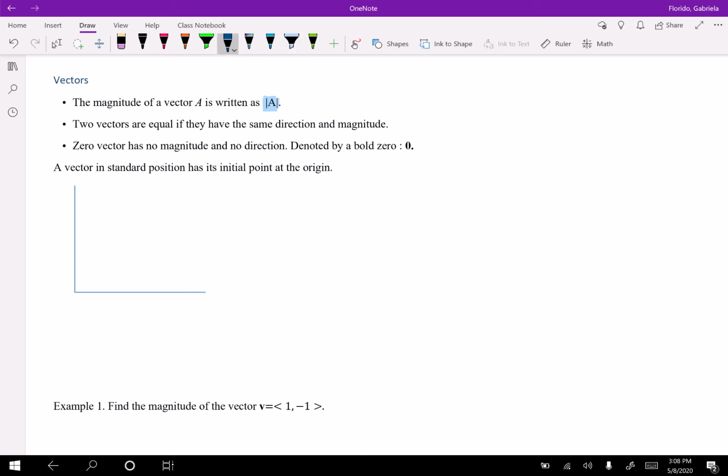For example, here is vector A and here is vector B. These are equal to each other because they have the same direction and the same magnitude.